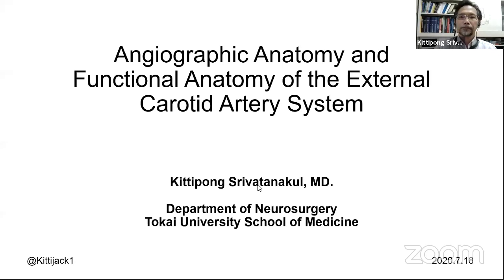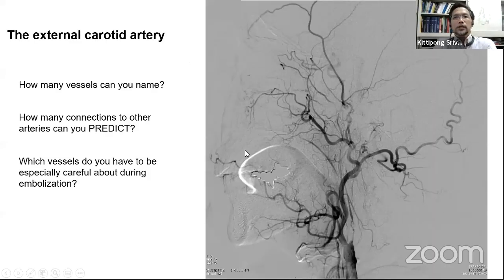Okay, so it's going to be like, so you see the external carotid artery. Actually, it's a very vast system to talk about in a short period of time. So if you will allow me again, maybe I can give a part 2, part 3, part 4, up to part 5 maybe. Okay, so you see an injection of this external carotid artery.